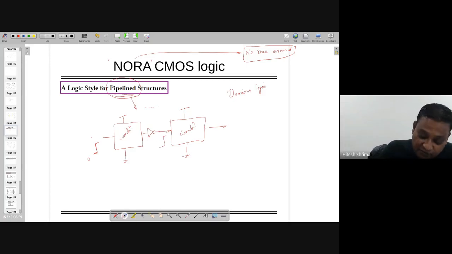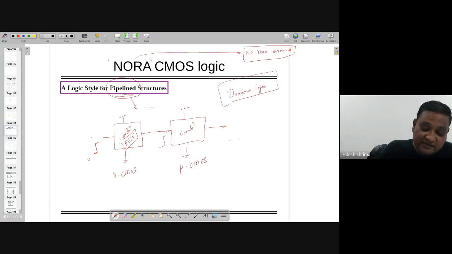Other than that, we also implemented that if this is a power up network, which is connected with n CMOS domino logic, and another way is p CMOS domino logic, right? So alternating these is going to solve the problem of the domino logic, because of such a problem that was there.